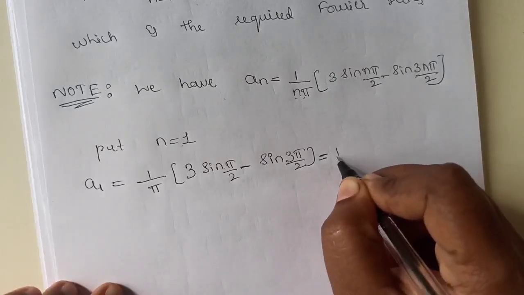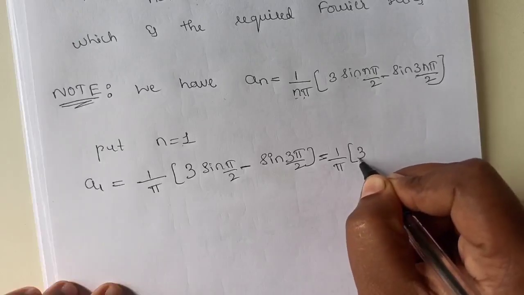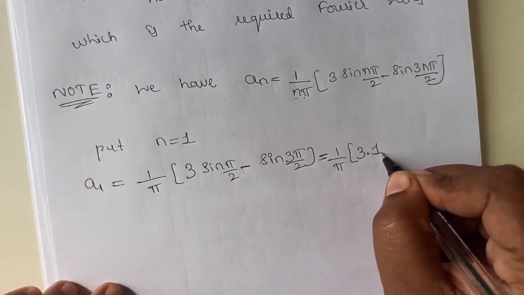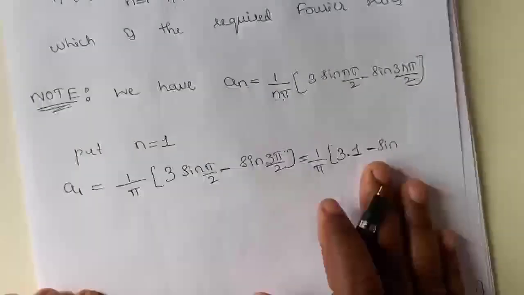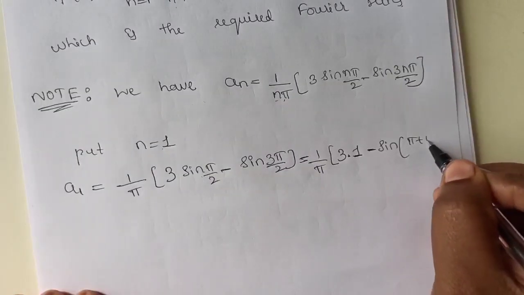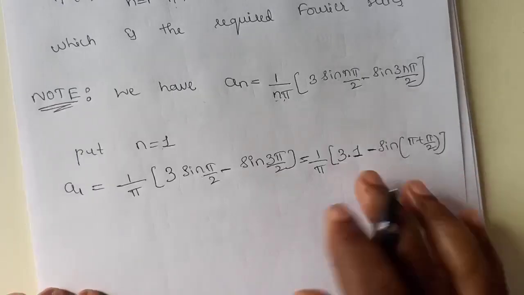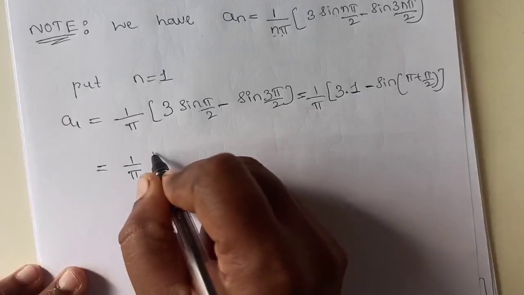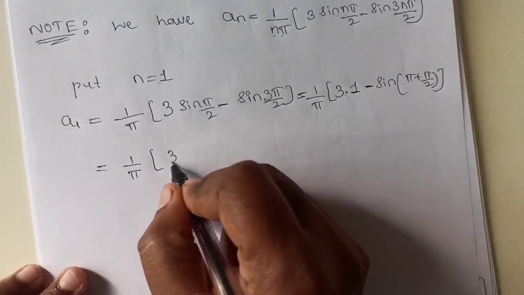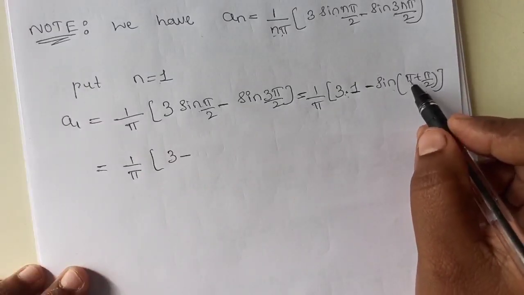Further simplifying, 1 by pi, 3 sine pi by 2 is equal to 1, minus sine of 3 pi by 2, which can be written as sine of pi plus pi by 2. So further simplifying we get 1 by pi, 3 minus sine of 180 plus theta.